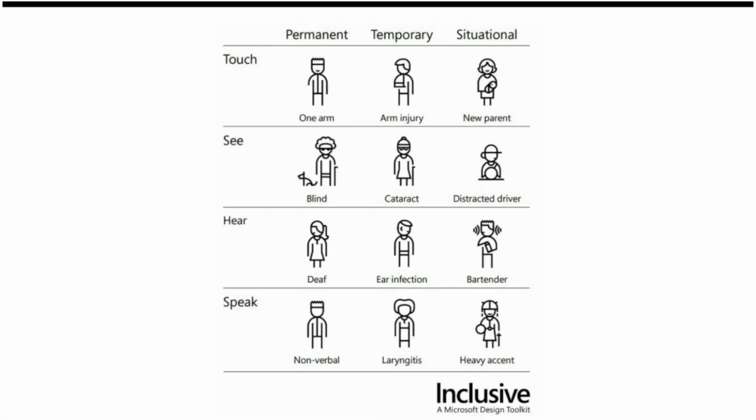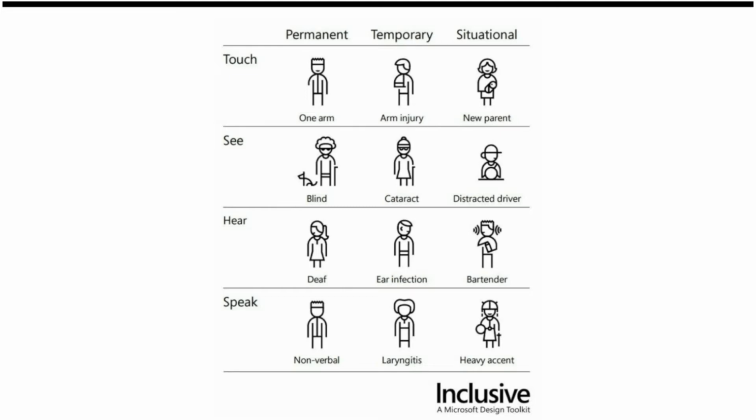Some people are born with permanent disabilities that fundamentally change the way they perceive the world and the web. Other people might be browsing the web with a temporary disability caused by an accident or a temporary health situation. And there are people who are limited by situational disabilities, like being in a noisy room or in a low lighting condition.